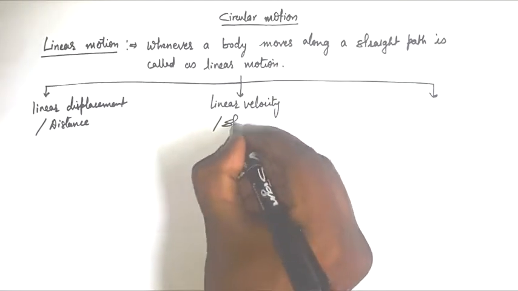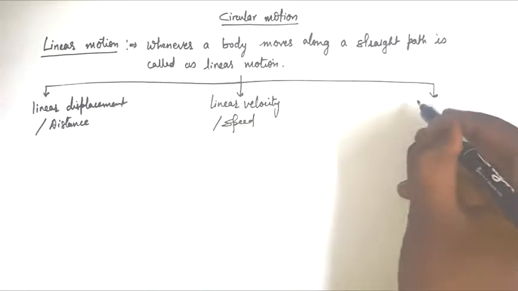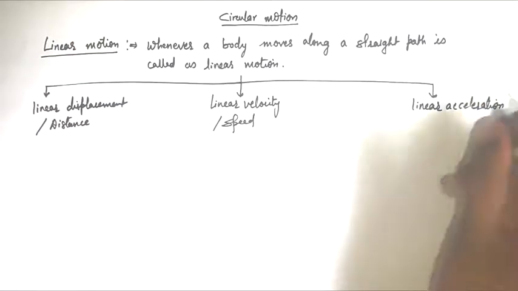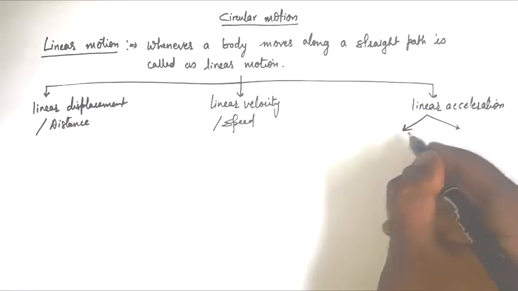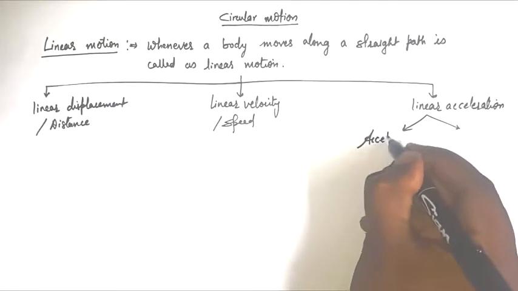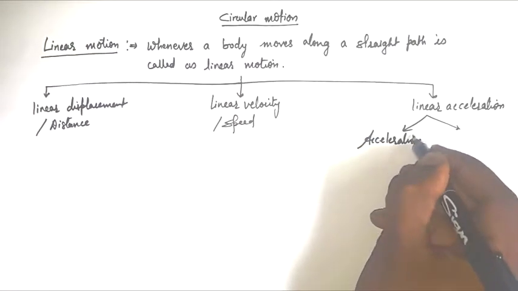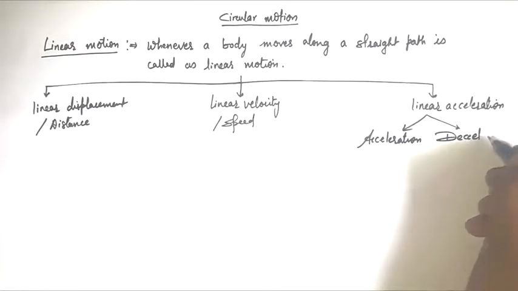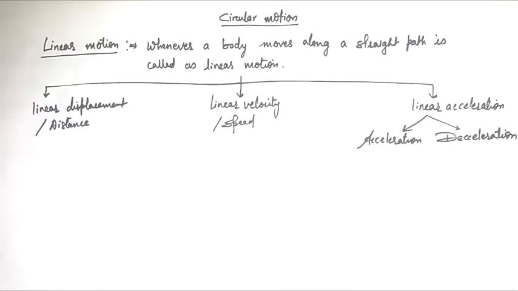After linear velocity, we need to discuss speed also, and the third part is linear acceleration. Linear acceleration is divided into two further parts, that is accelerated motion or acceleration, and decelerated motion or deceleration. In short we can call it deceleration, भी बोल सकते हैं हम उसको.